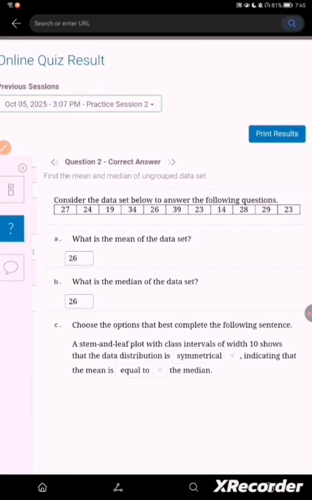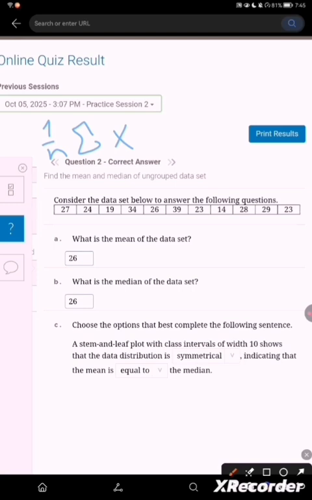So we're going to start the traditional way of finding the mean and the median without a stem and leaf, okay? Now for the mean, once again, the formula is 1 over n summation of x. So just add all of these values, divide them by 11 because there are 11 values.